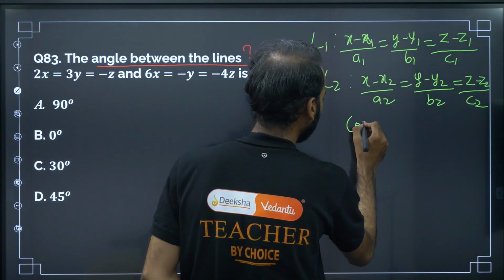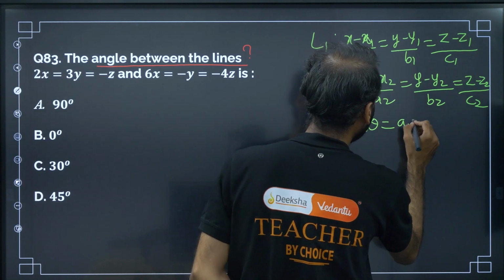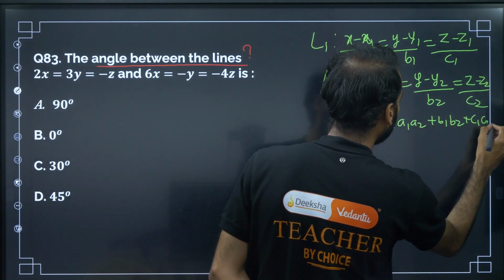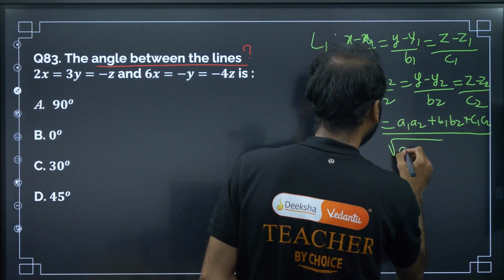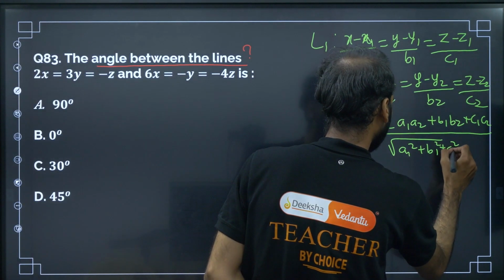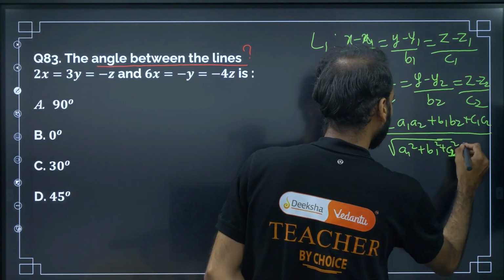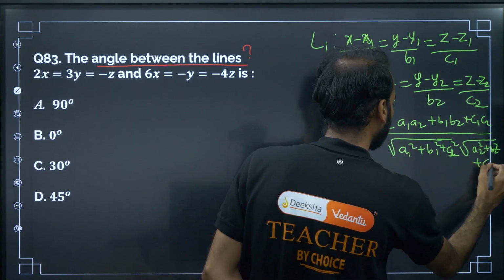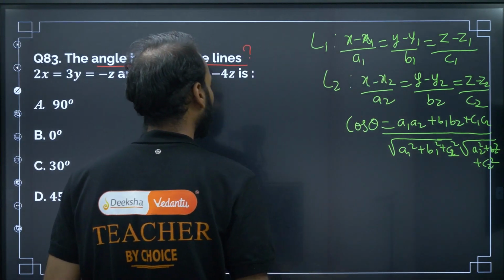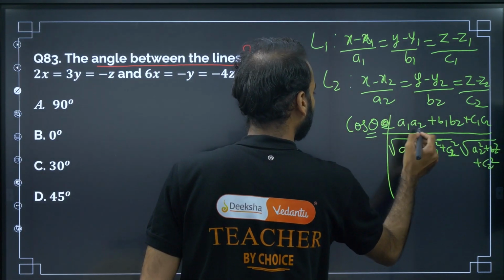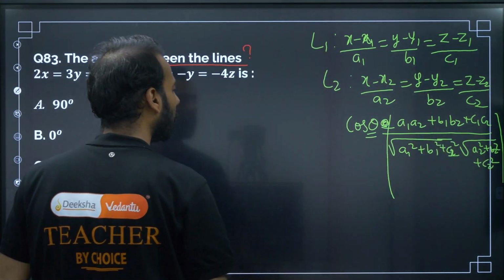So angle between these two is cos theta is equal to a1 a2 plus b1 b2 plus c1 c2 by root of a1 square plus b1 square plus c1 square, same for a2 square, b2 square, c2 square. So this is the synopsis, and also one mod will be here. So cos theta is equal to modulus of all this.